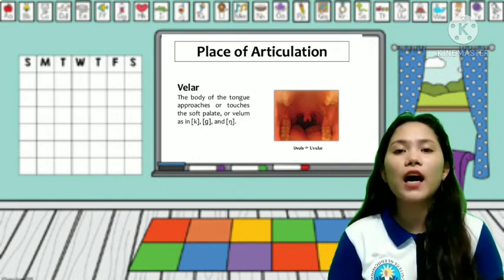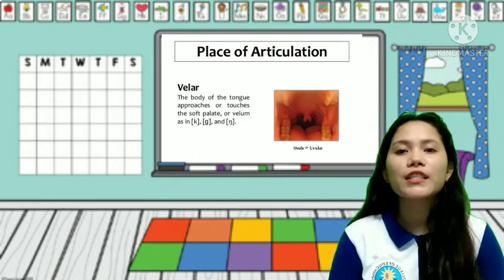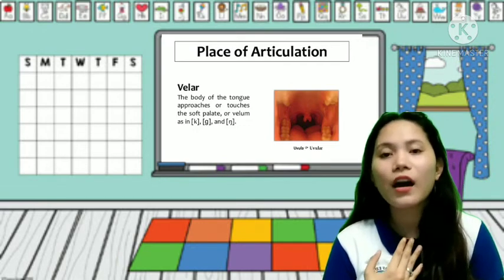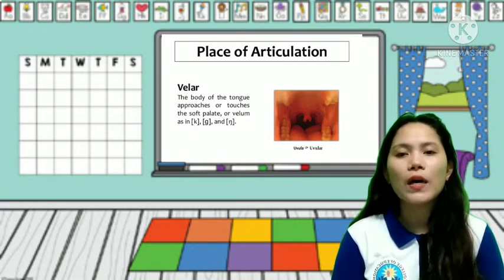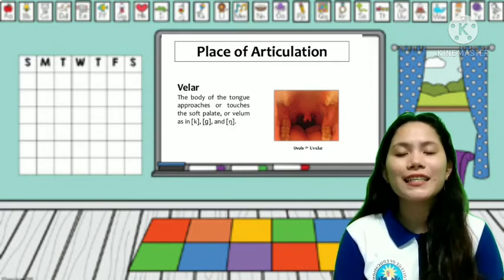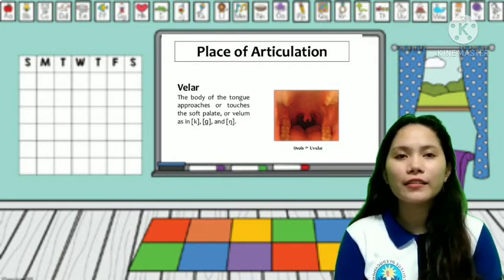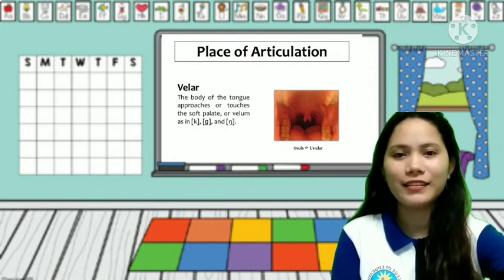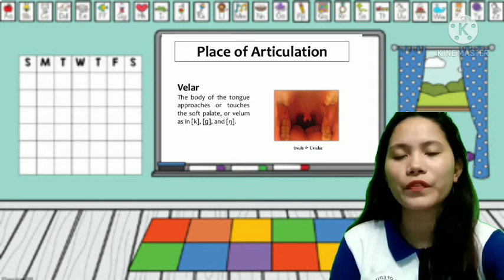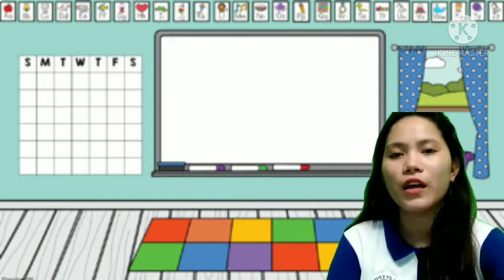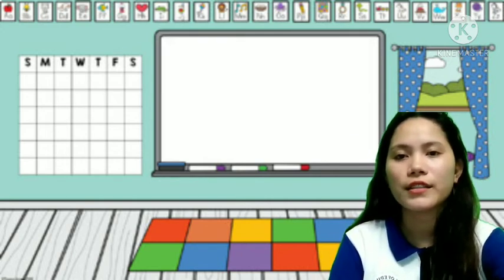So the body of the tongue approaches or touches the soft palate or velum, as in the letter K. Those are examples of velar sounds.